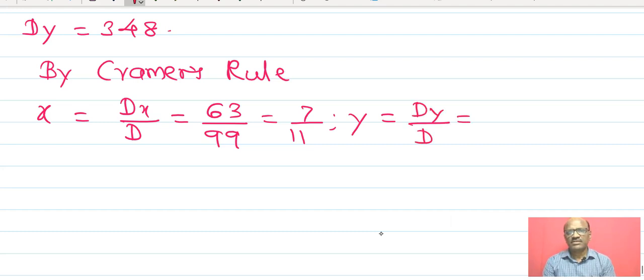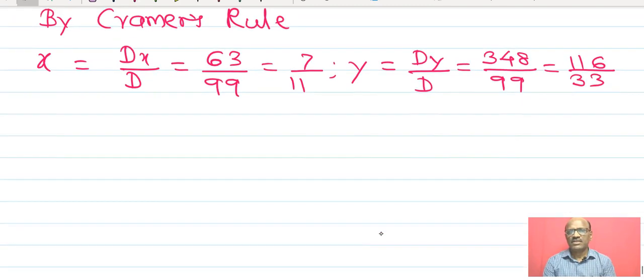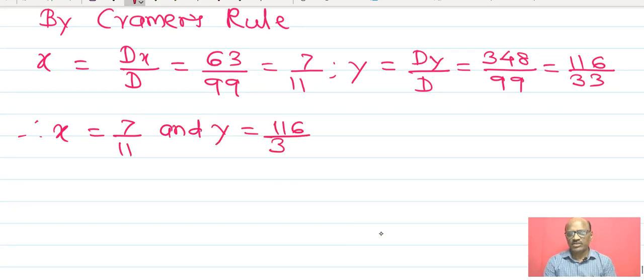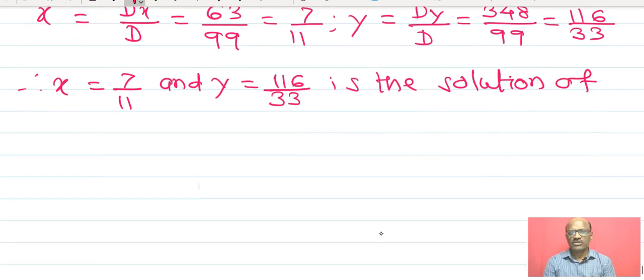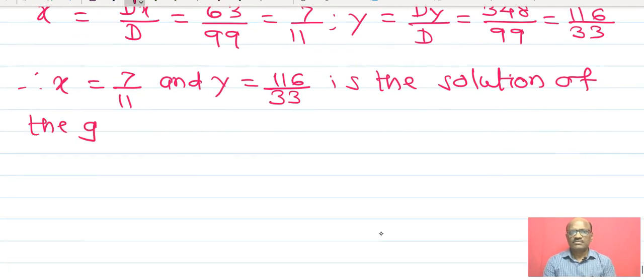If you divide by 9, then you will get 7 upon 11, and y is equal to 348 upon 99, that is 116 upon 33. Therefore, x is equal to 7 upon 11 and y is equal to 116 upon 33 is the solution of the given differential equation.